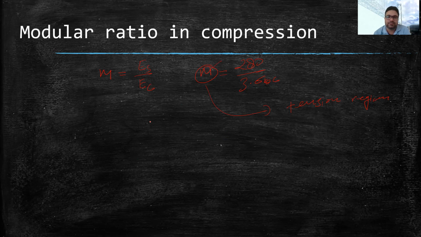Why? Because compressive steel may experience more strain, more stress because of the phenomenon of creep.